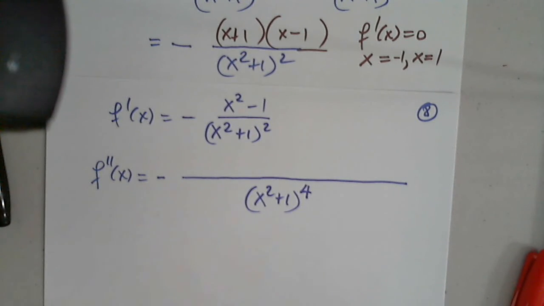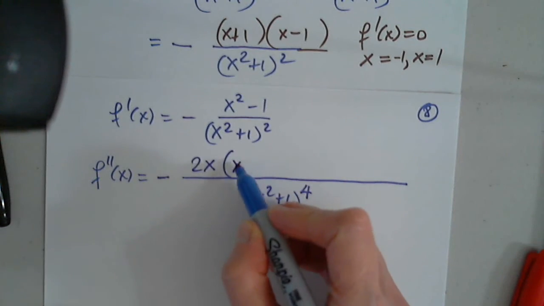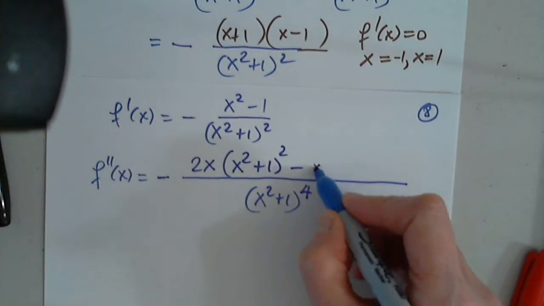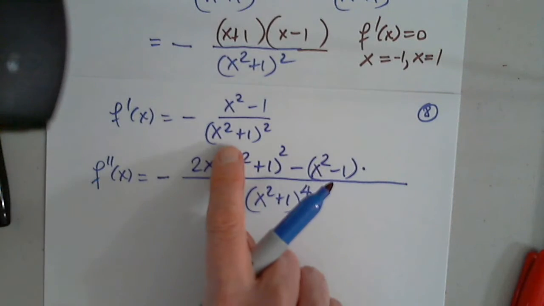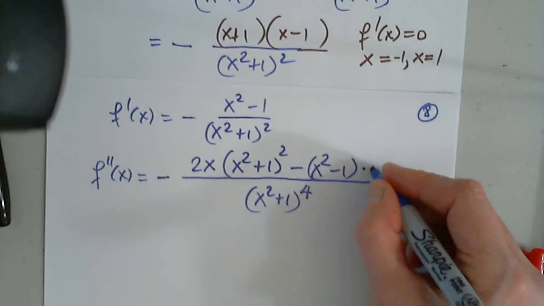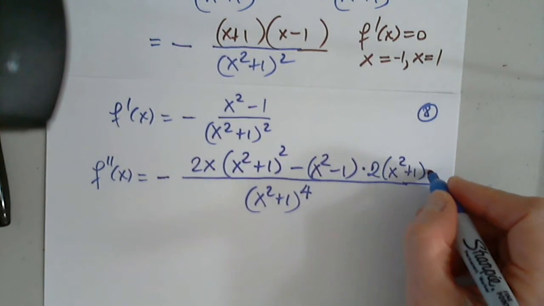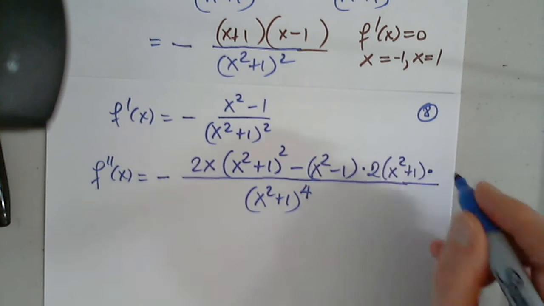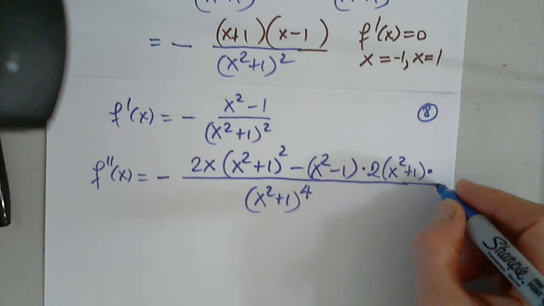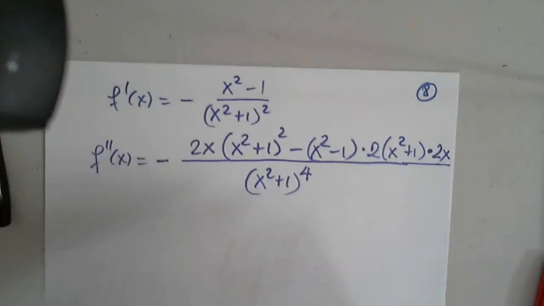So please differentiate the top. So x. Very good. x squared plus 1 squared minus x squared minus 1. And now let's differentiate the denominator: x squared plus 1 to the 2 minus 1 multiplied by the inner function prime. So x. Very good. We run a clean ship.